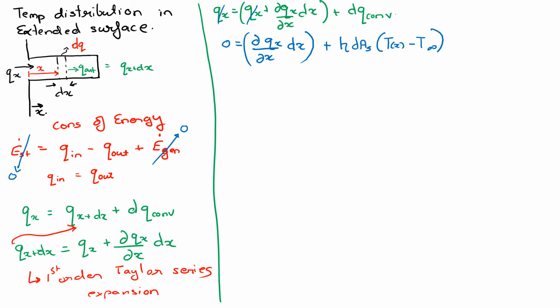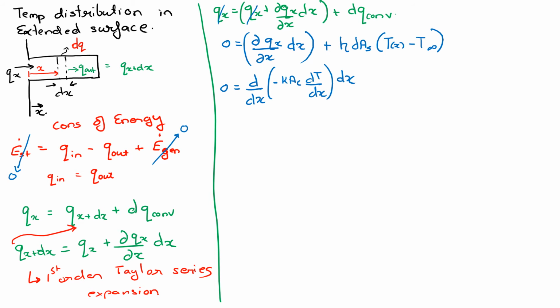Now for Qx we can use Fourier's law to write Qx, and we'll get an ordinary differential equation as k A_c, that's the cross-sectional area of that control volume, times dT by dx times dx.